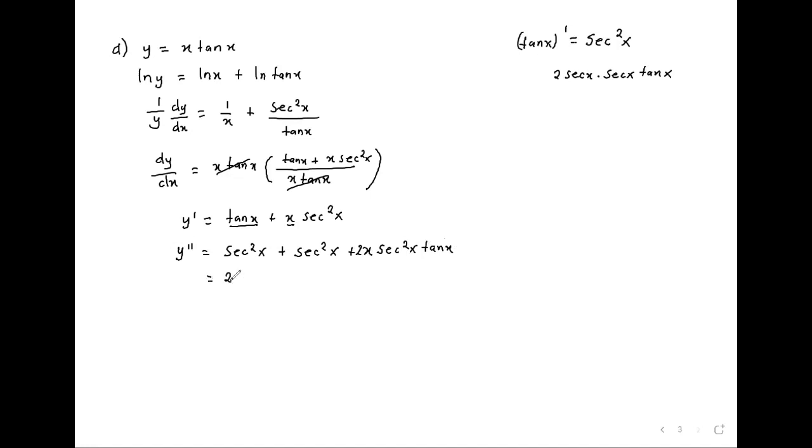So that we get 2 sec squared x plus 2x sec squared x tan x, which is 2 sec squared x (1 plus x tan x). Which is this one here as the second derivative.